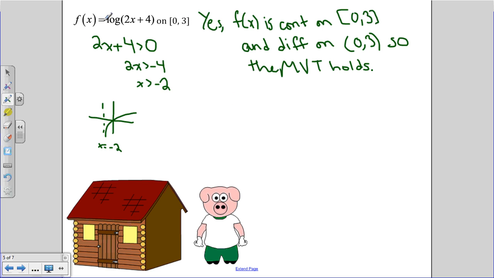So we set the derivative equal to the slope of the secant line.